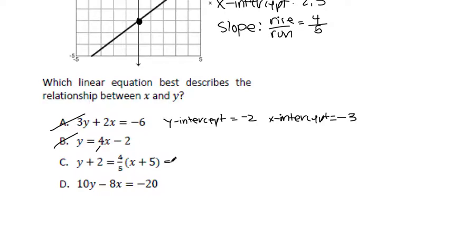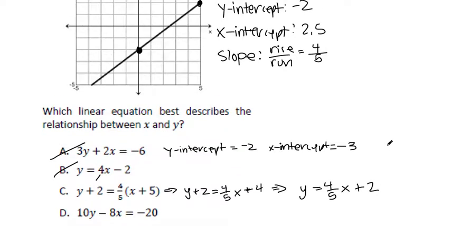So y plus 2 is equal to 4/5 x plus 4, because that would be 20 over 5, which ends up being 4. If I work that further, so again, solving for y, I end up with y is equal to 4/5 x plus 2.